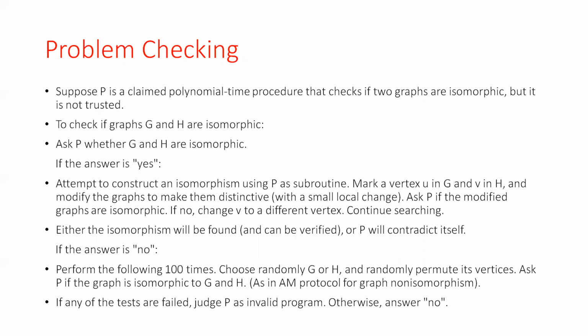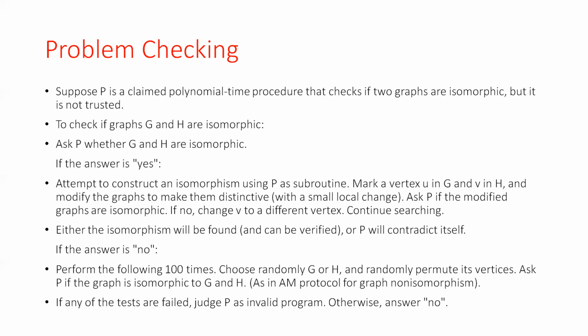Next, problem checking. Suppose P is a claimed polynomial time procedure that checks if two graphs are isomorphic, but it is not trusted. So P is an example, the same as graph isomorphism, but not trusted. To check if graphs G and H are isomorphic, ask P whether G and H are isomorphic. If the answer is yes, attempt to construct an isomorphism using P as a subroutine.